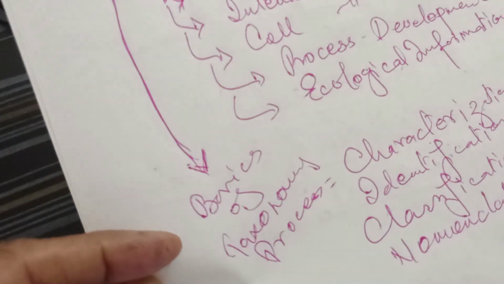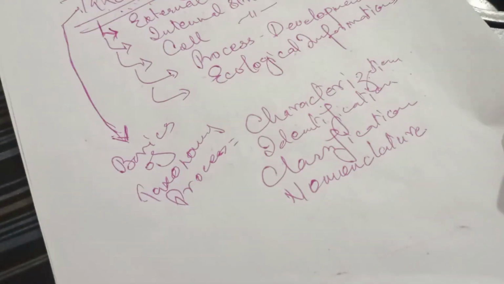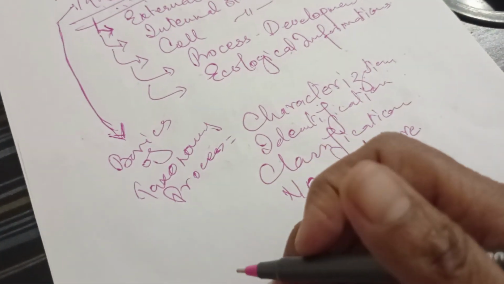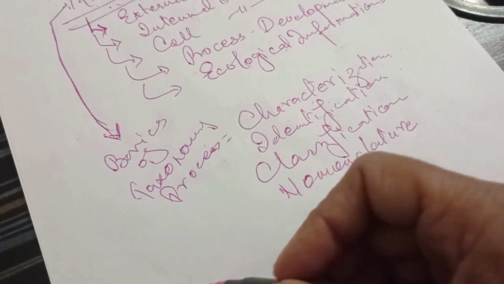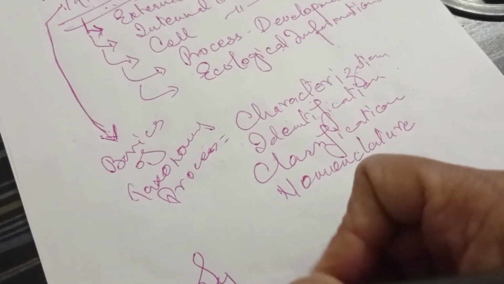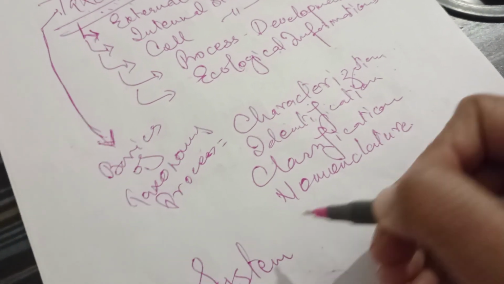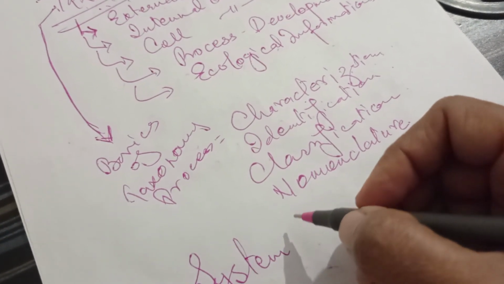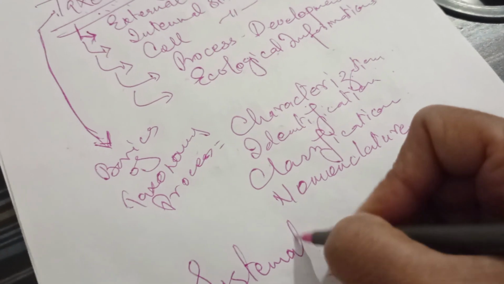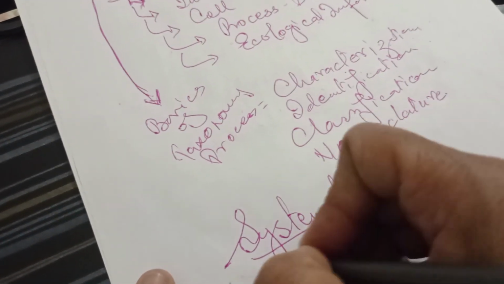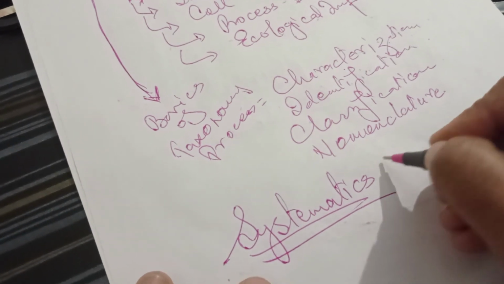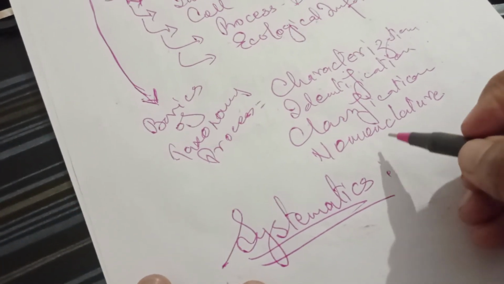So what happens in taxonomy? We group, we classify them, we put them into different groups, we have a specific arrangement. This arrangement, specifically on the basis of the characters, is known as systematics.